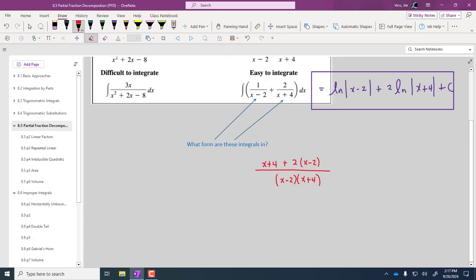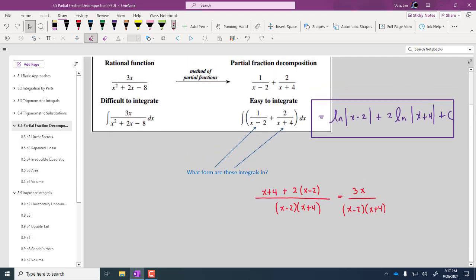When we do the math here, we end up with 3x plus 4 minus 4, so 0, divided by that denominator. So that x in the numerator is coming from the common denominator process of adding the fractions together. That makes sense?